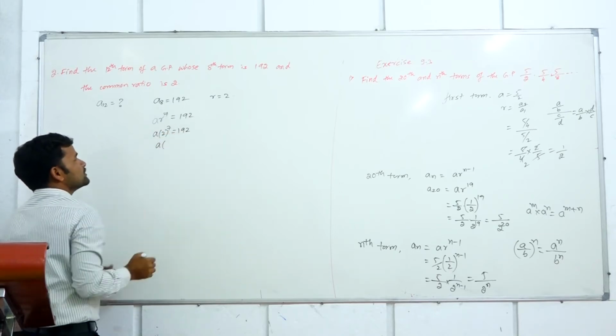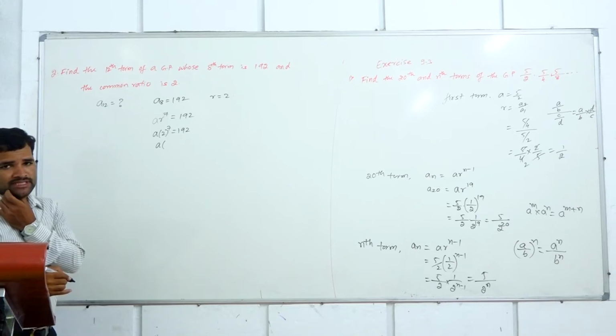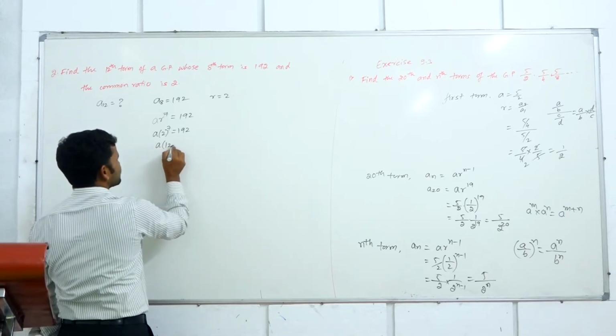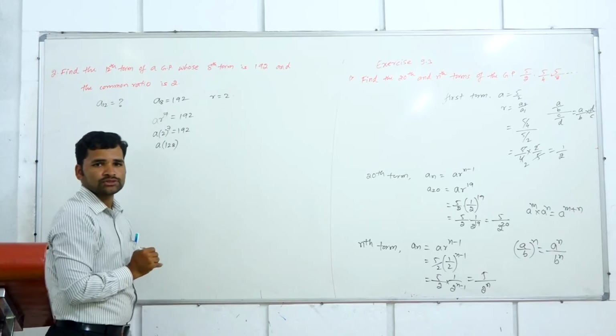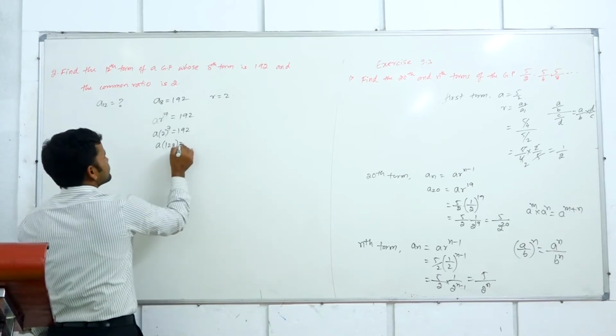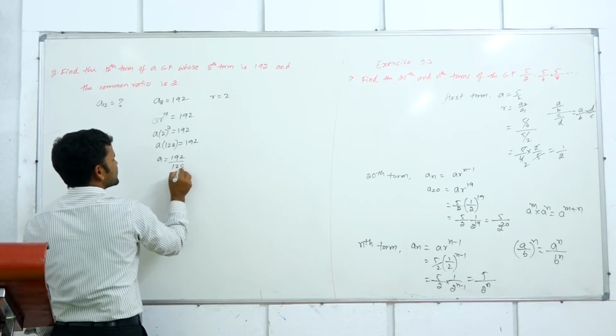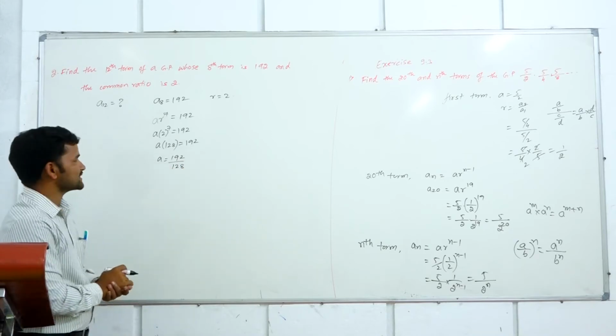A is equal to... What is 2 to the power 7? 2 to the power 7 value is 128. You should know this. This is equal to 192. Therefore, A is equal to 192 by 128.